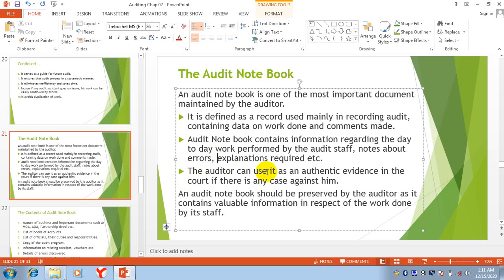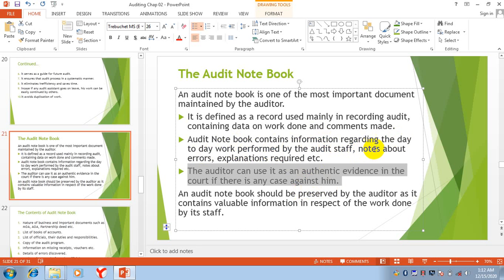So the auditor can use it as authentic evidence in the court if there is any case against him. Suppose at the end of the audit, the company does not trust you, saying that you didn't conduct the audit well. This notebook will be evidence, because each and everything is recorded in it: this audit staff performed this work, that audit staff performed that work.